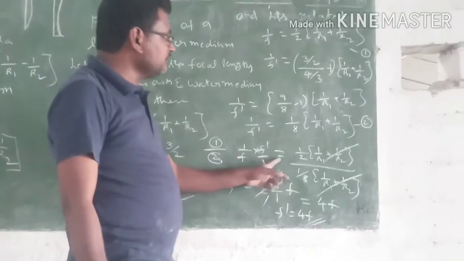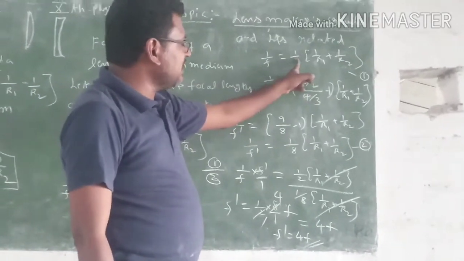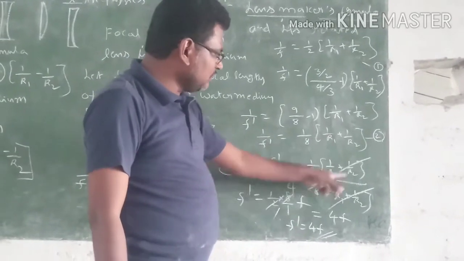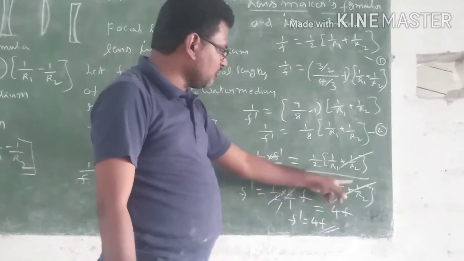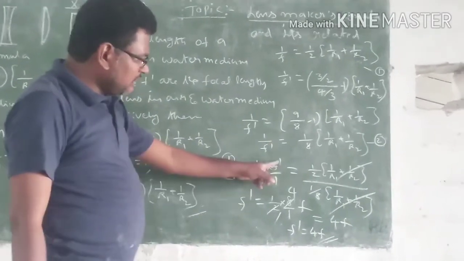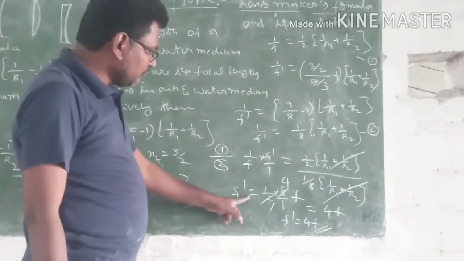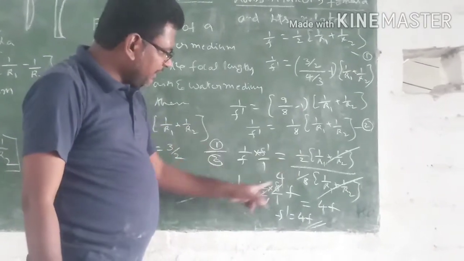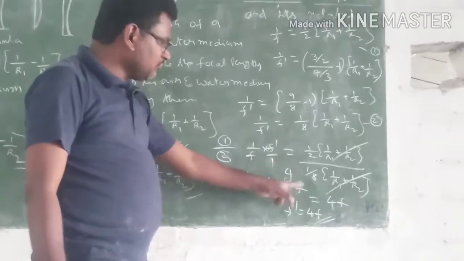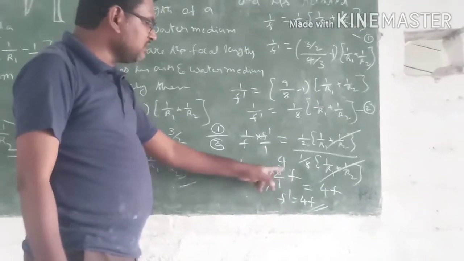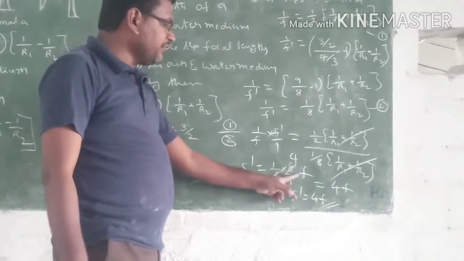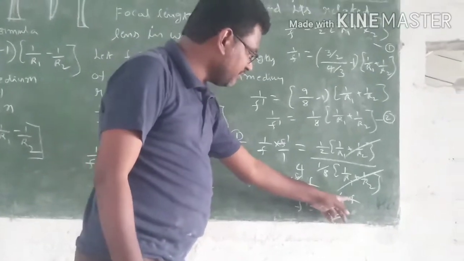That is equal to the right-hand side of equation 1 by the right-hand side of equation 2. Here 1 by R1 plus 1 by R2 and 1 by R1 plus 1 by R2 get cancelled. And here f dash is equal to 1 by 2 into 8 by 1 into f. So 2 ones are 2, 2 fours are 8. Then f dash is equal to 4 into f, that is equal to 4f.